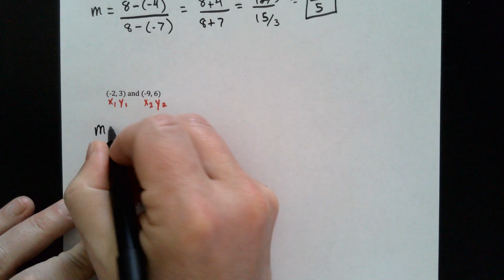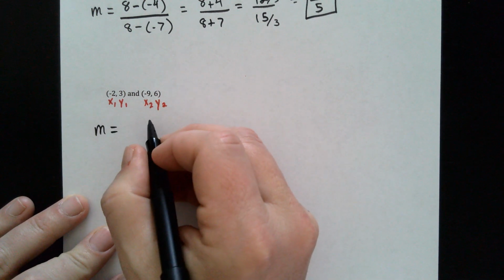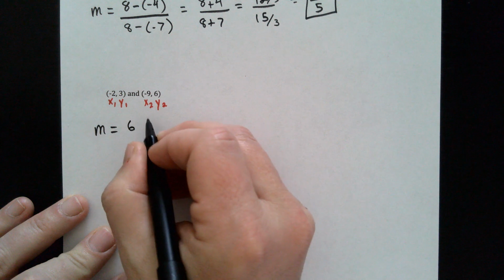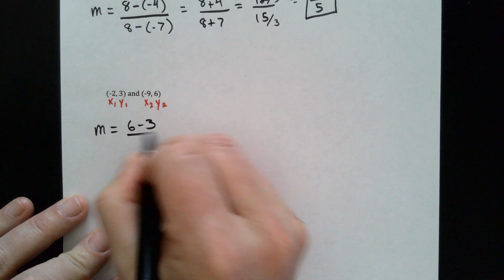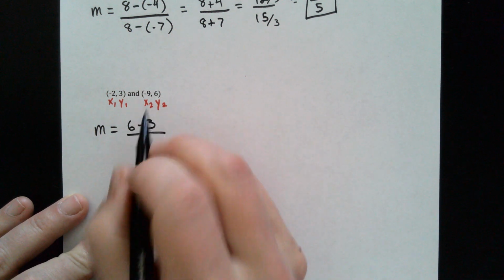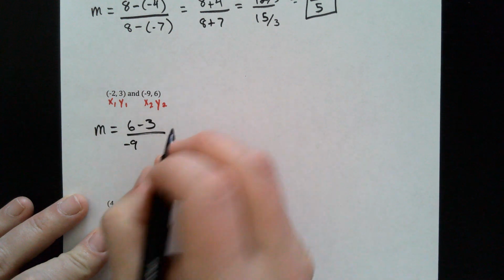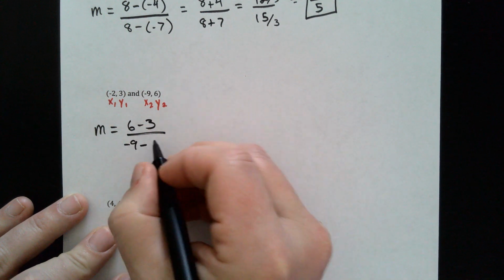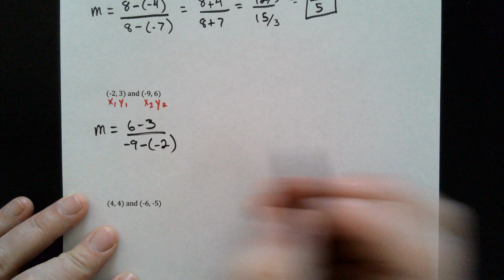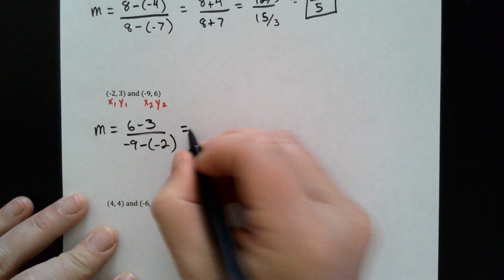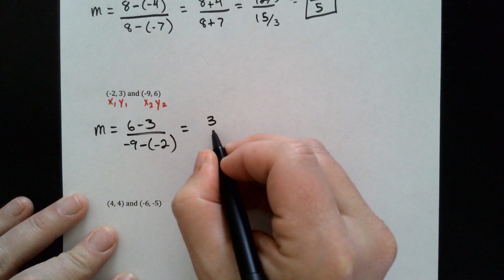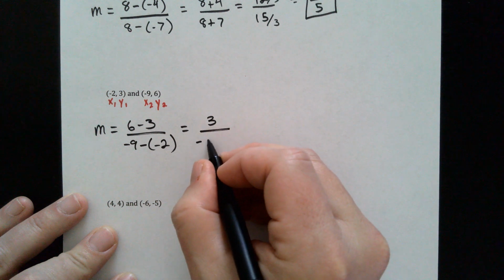So M is equal to Y2, which is 6, minus Y1, which is 3, divided by x2, which is negative 9, minus x1, which is negative 2. Okay, so that one has a negative and a negative there. The top becomes a 3. 6 minus 3 is 3. And then this becomes a negative 9.